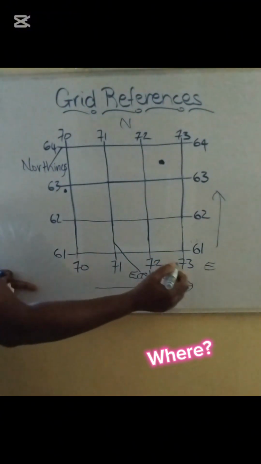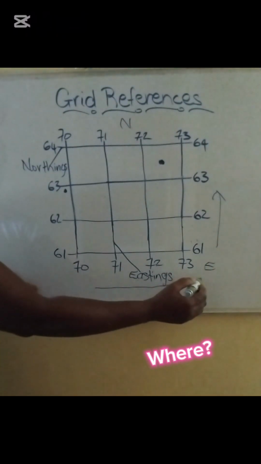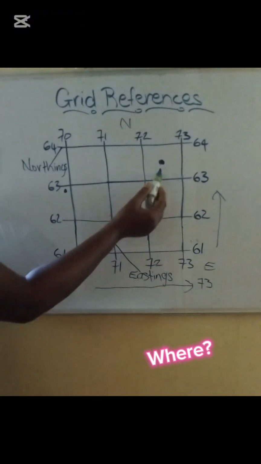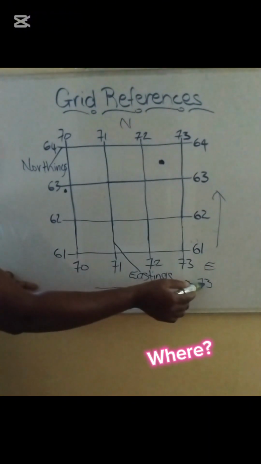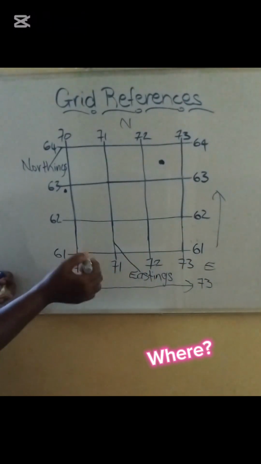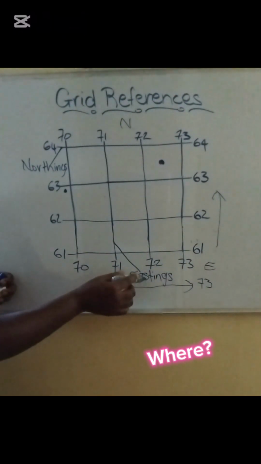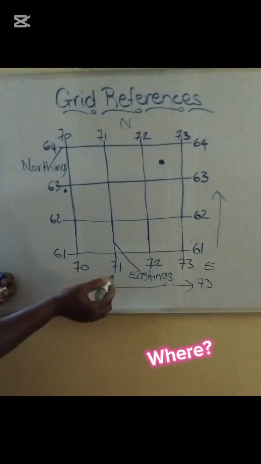Okay, so 73, we know that, okay? And we need another number to go with 73 to make it 3 numbers because we need to have 6 numbers. So 3 numbers for the eastings, 3 numbers for the northings. How are we going to get our third number?